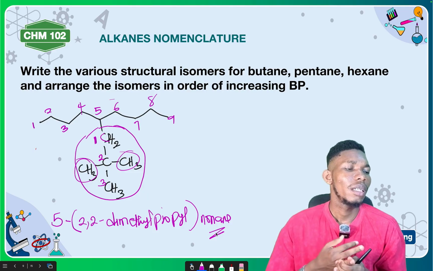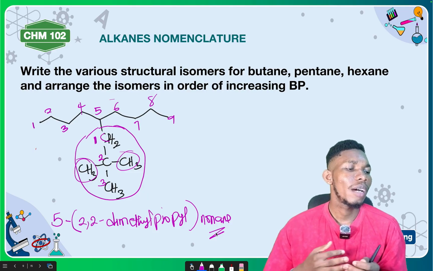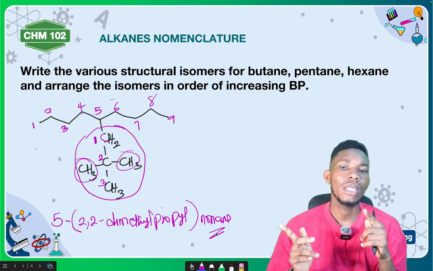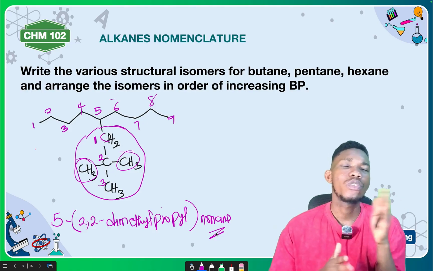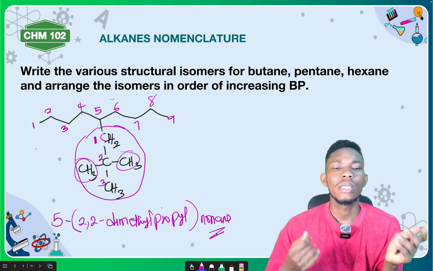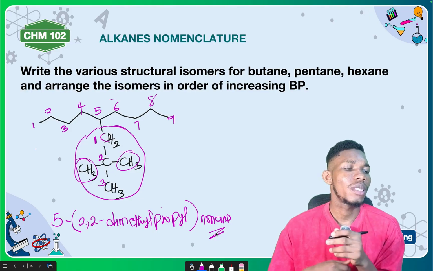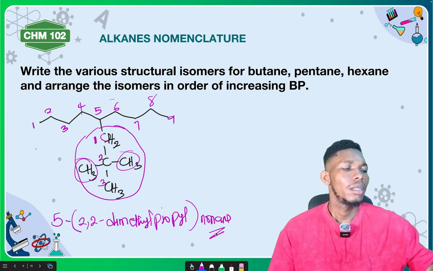Is that understood? So that's basically how to name a compound like this. I think your alphabetical order will come into play in that regard. Like that iso, in the question we looked at, the I is supposed to come before the methyl group, right?